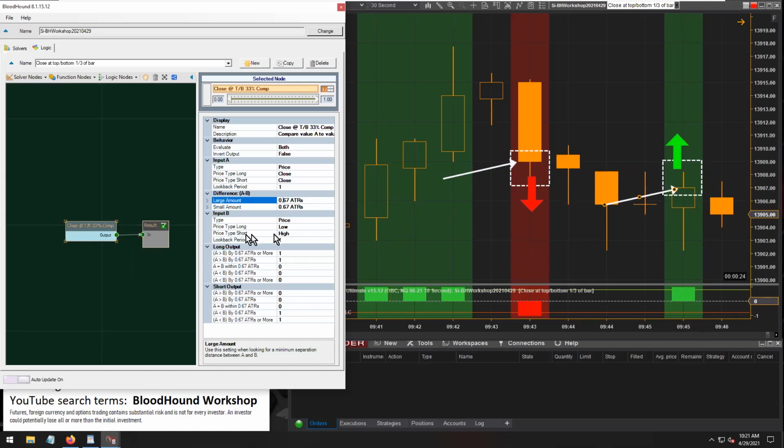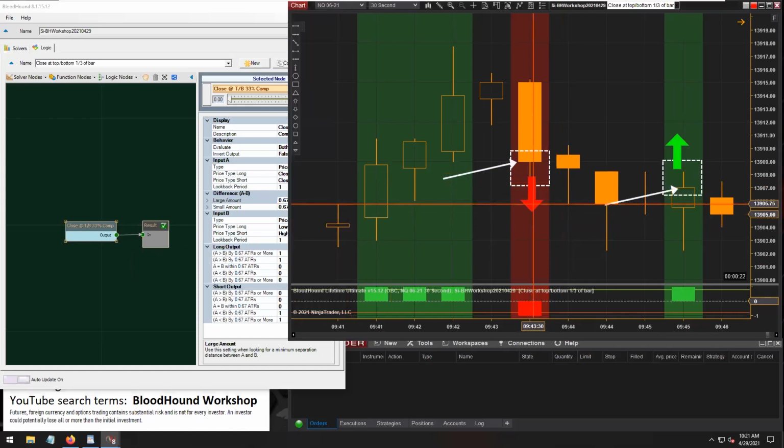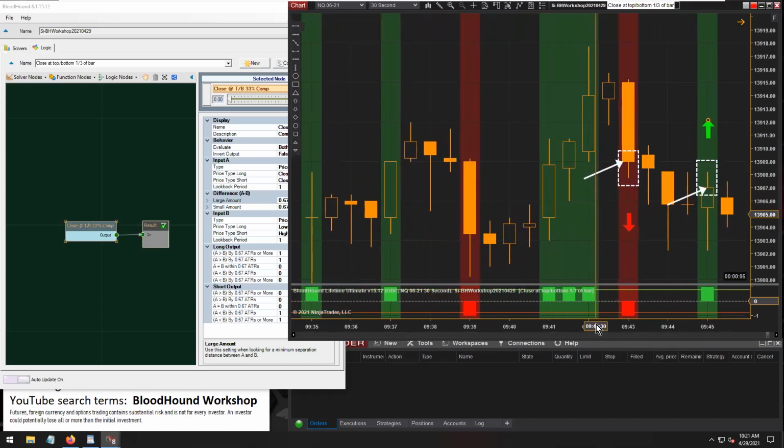As it just so happens, I got lucky, and these two bars that I picked, the close was within the bottom third or the top third. And if we look through these, yeah, there we go. Actually, this one here is kind of questionable. That close looks a little bit less than the top third of that bar.